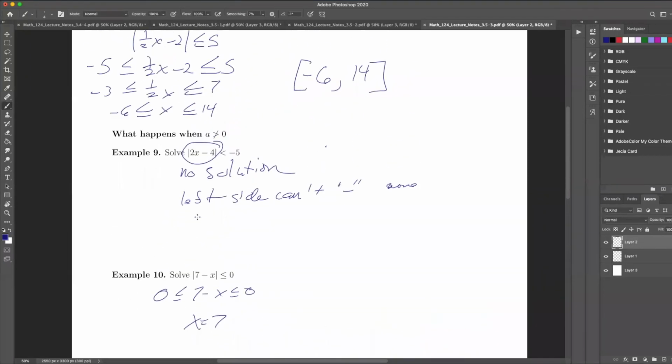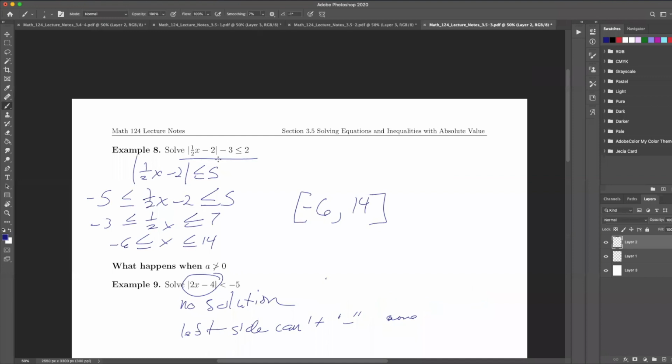Oh, so we're talking here. Notice example 8. I have this is less than this. Let me see if I can explain this as correctly as possible. I want this to be less than or equal to 5.